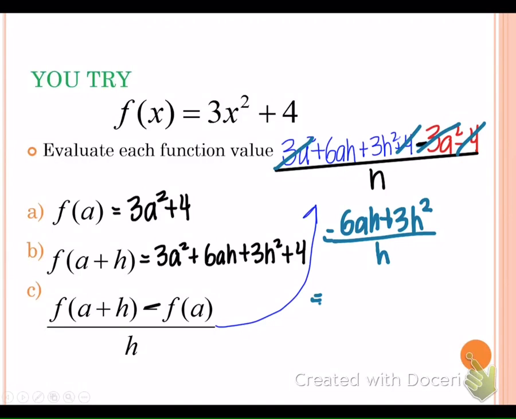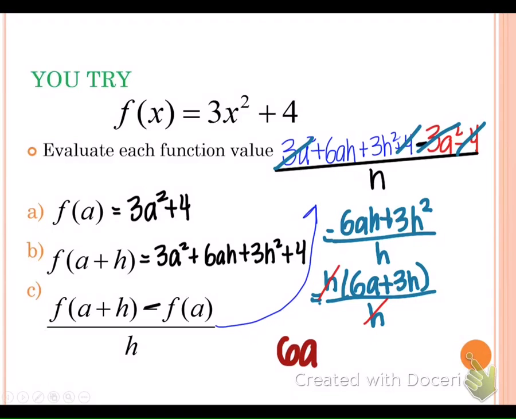I'm going to be able to pull out an h, the GCF, times 6a plus 3h. And then all I can do is cancel those out, right? Gives me what? 6a plus 3h. That's all she wrote.